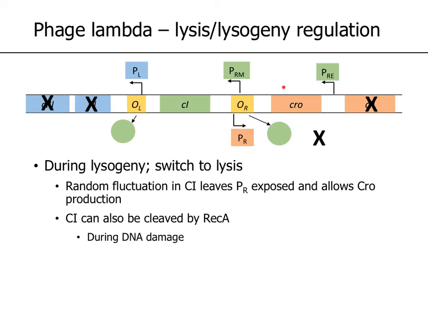Once it moves, the cell starts producing the CRO protein, and very little CRO protein is needed to switch to lysis. But remember, C1 can also be cleaved by REC-A, so during DNA damage, these will go away and you'll get switched to the lytic stage.